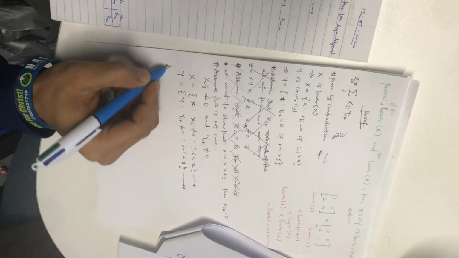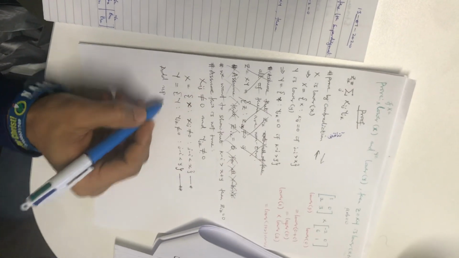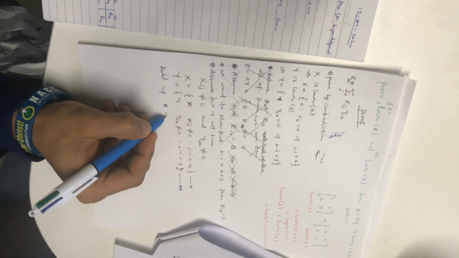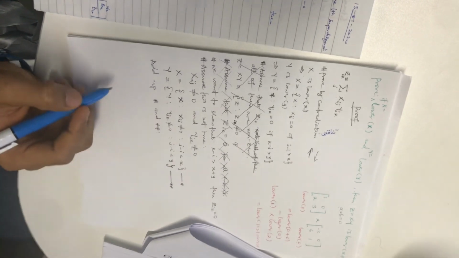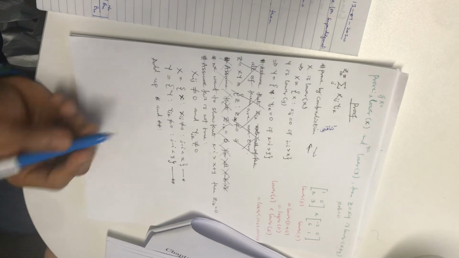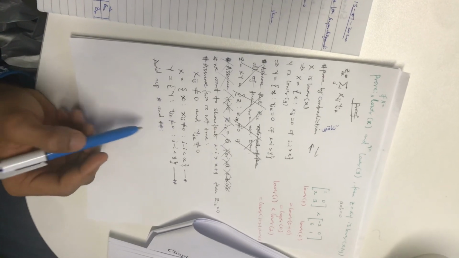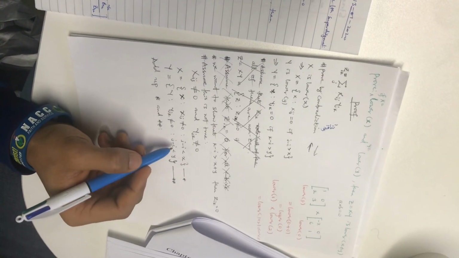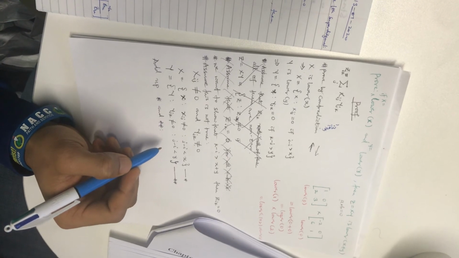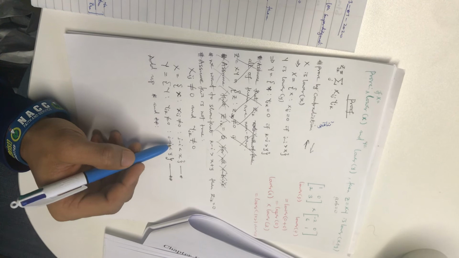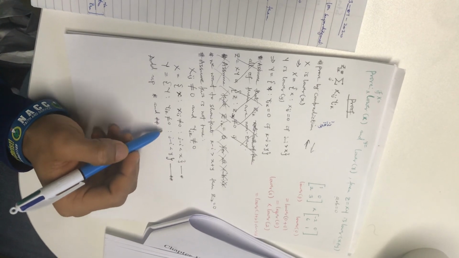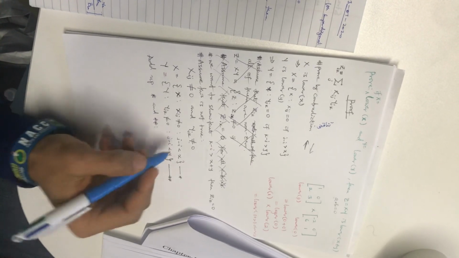Add up star and star star. What do we get when we add up this and this? This is k minus j.